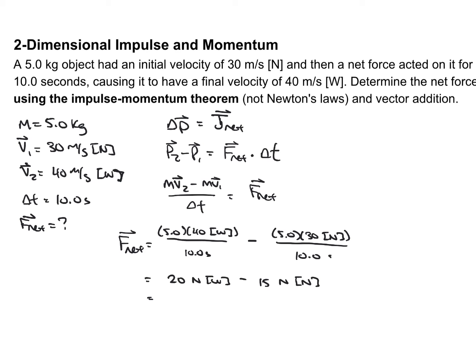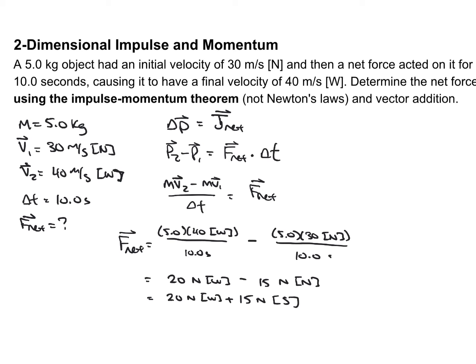Vector subtraction can always be changed into vector addition by flipping the direction when you flip the sign. So I change the minus to a plus, then that'll flip the north direction into the south direction. So now I have vector addition, 20 newtons west plus 15 newtons south.